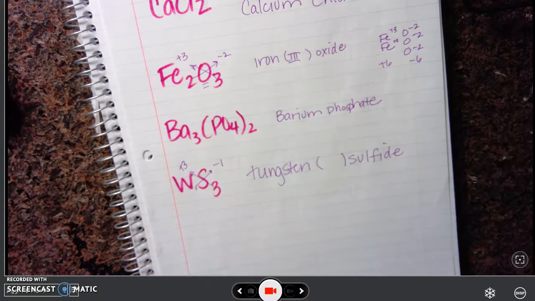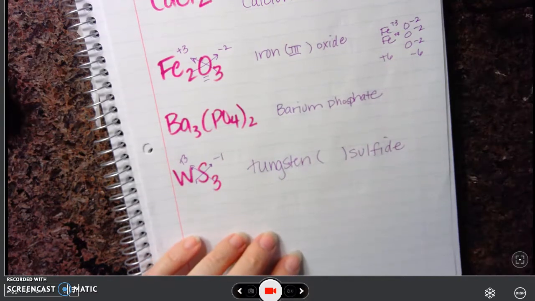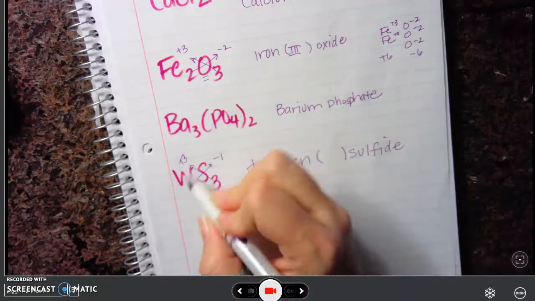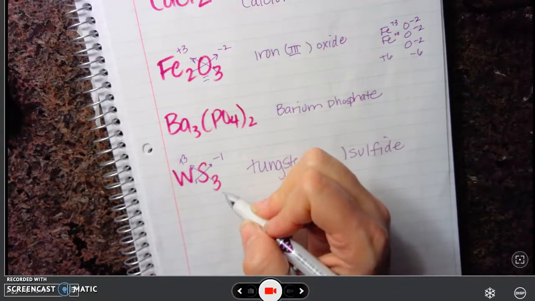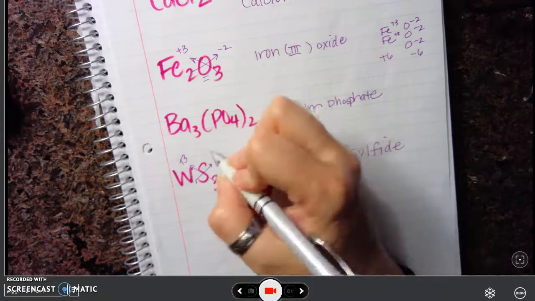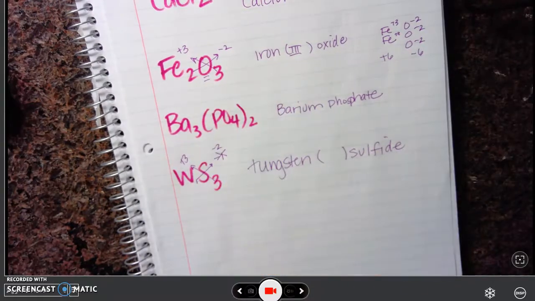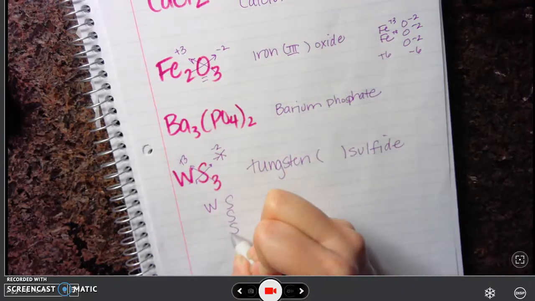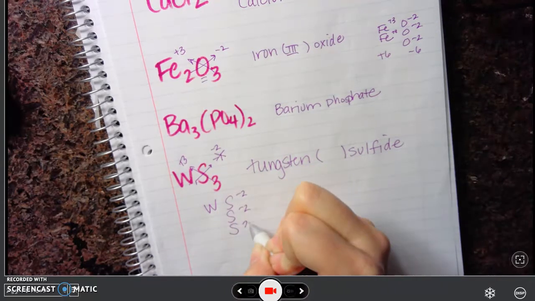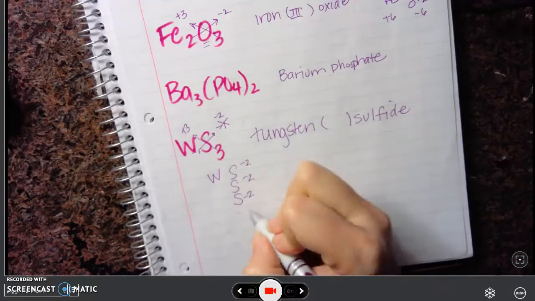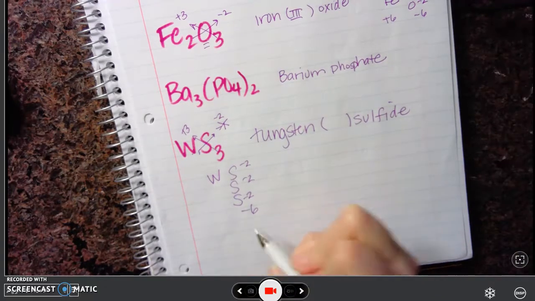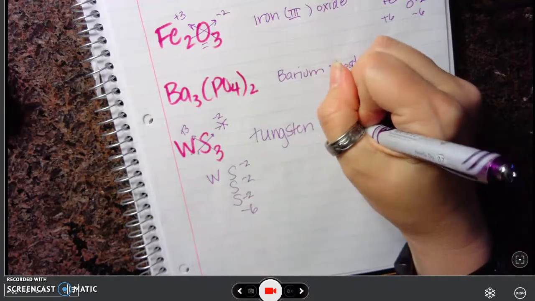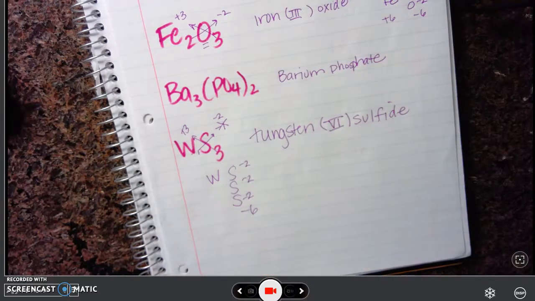Its charge is -2, so you cannot reverse swap and drop. Either write it out the long way or readjust this. So I have 1 tungsten and 3 sulfurs. Every sulfur has a -2 charge, so that gives me a total charge of -6. If this side is -6, that means my tungsten is +6. So we have tungsten 6 sulfide for that one.